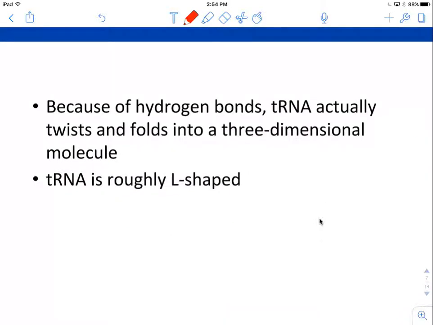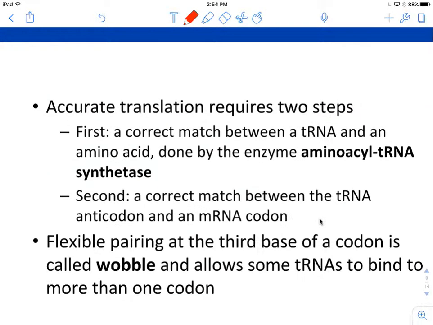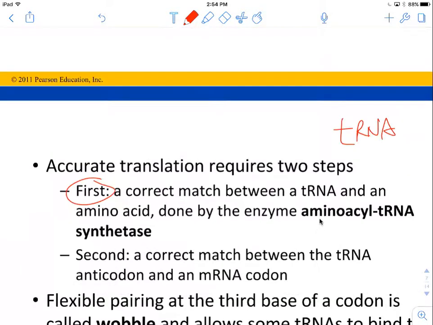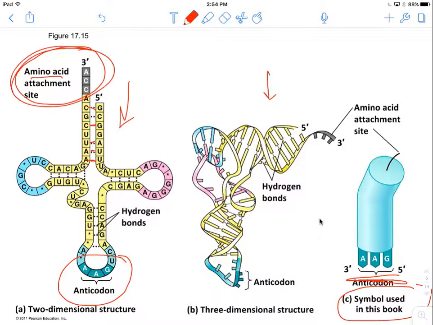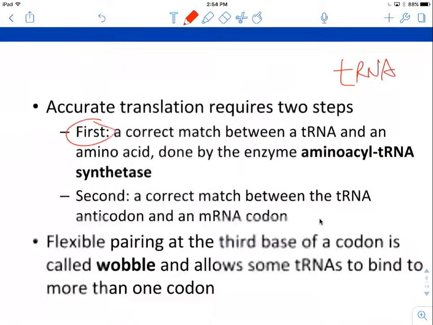Again, because of hydrogen bonding, tRNA twists and folds into a three-dimensional shape that is roughly L-shaped. All right. So accurate translation depends on two steps that involve our tRNA. First of all, we have that site where we attach the amino acid, but you have to attach the right amino acid.